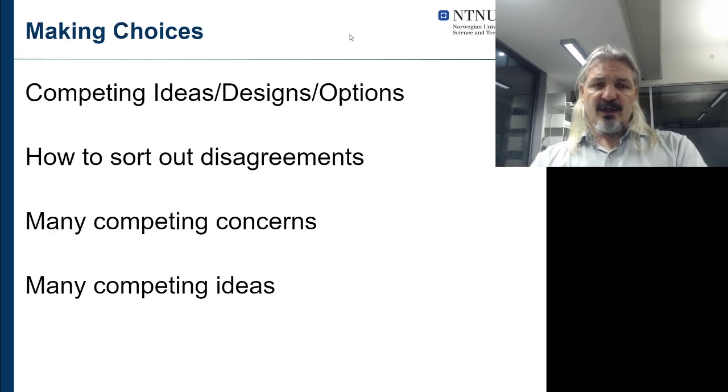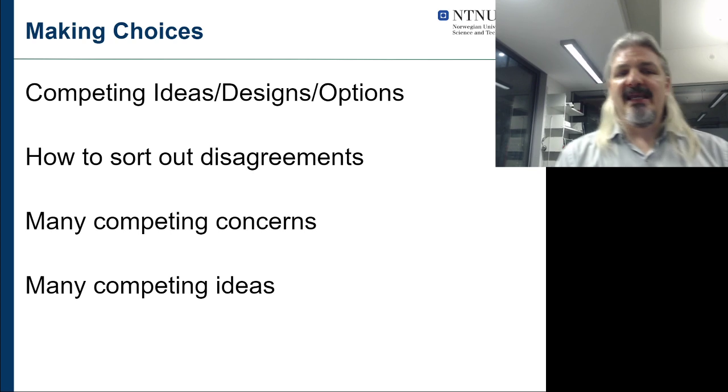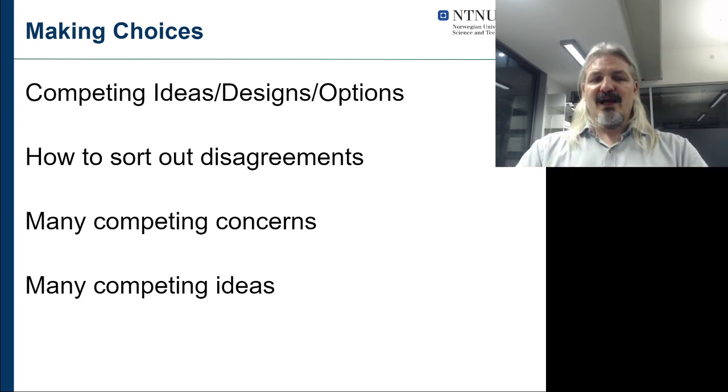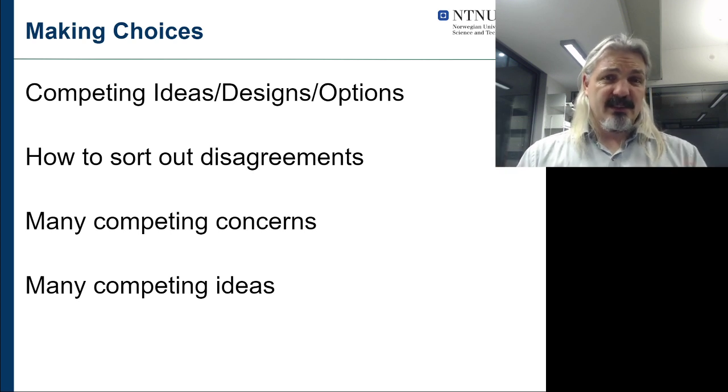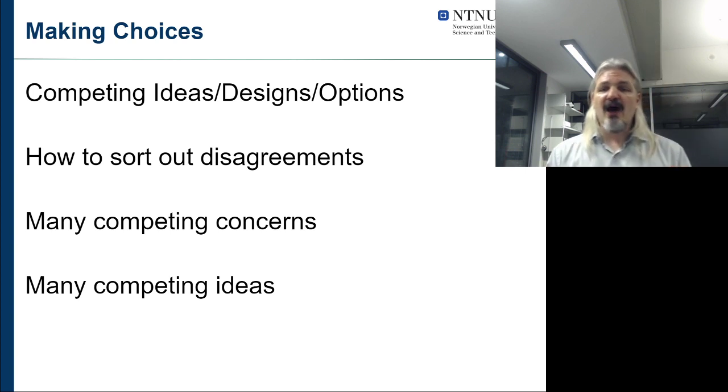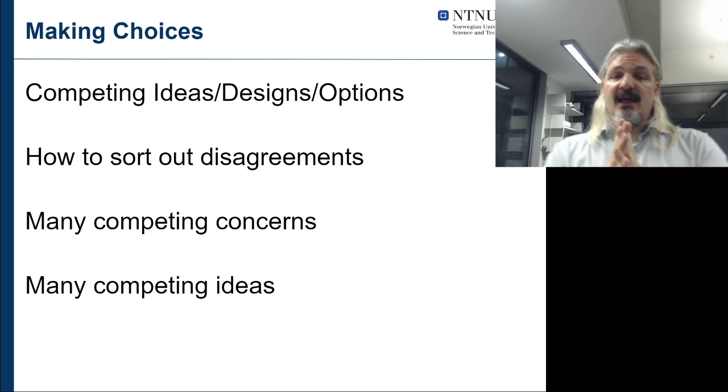And that's where we go into making choices, right? So as you have these competing ideas or designs or options that you're trying to implement, and your group has to narrow those down, how do you sort out disagreements?